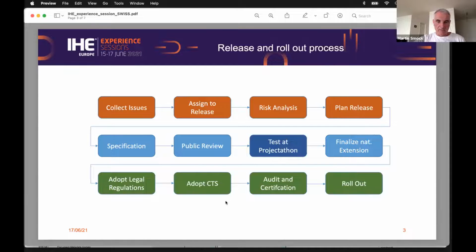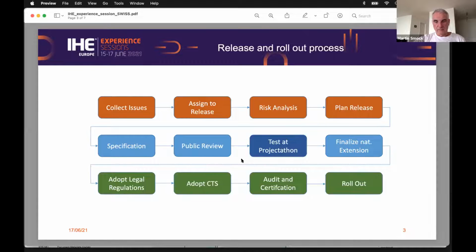So most of it is writing, testing, and certification, but the Projectathon is one of the most important parts, because there we check if all our writing and specification work in practice. We are in close communication with the vendors during the Projectathon.